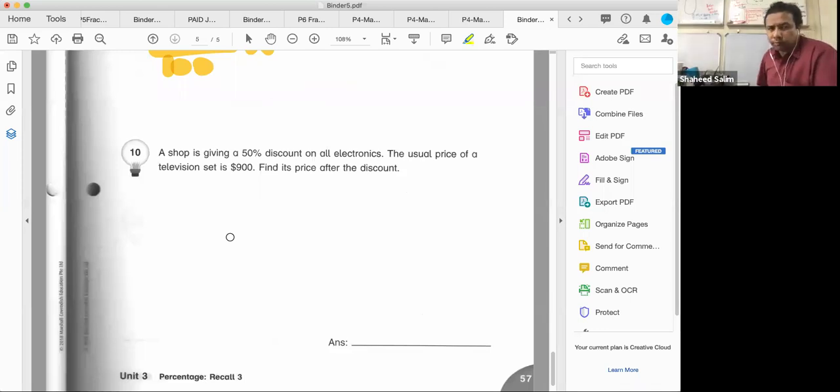Then you need to find a discount. So is it $450? Say final answer is 450. So it's correct. Because they give half discount, so the other half must be the amount you pay. Well done.